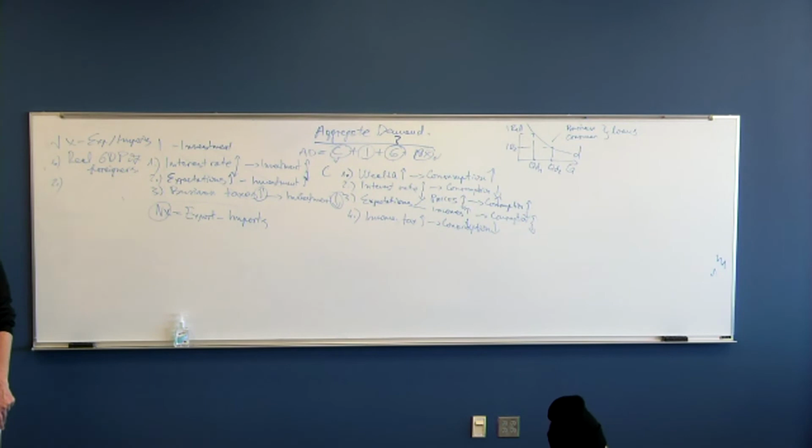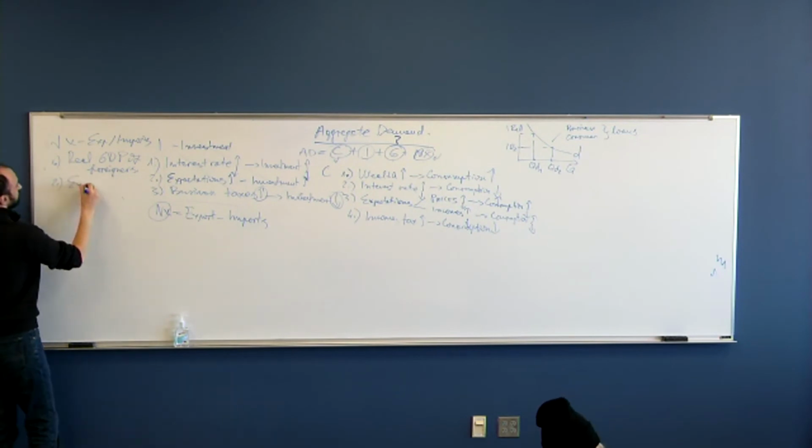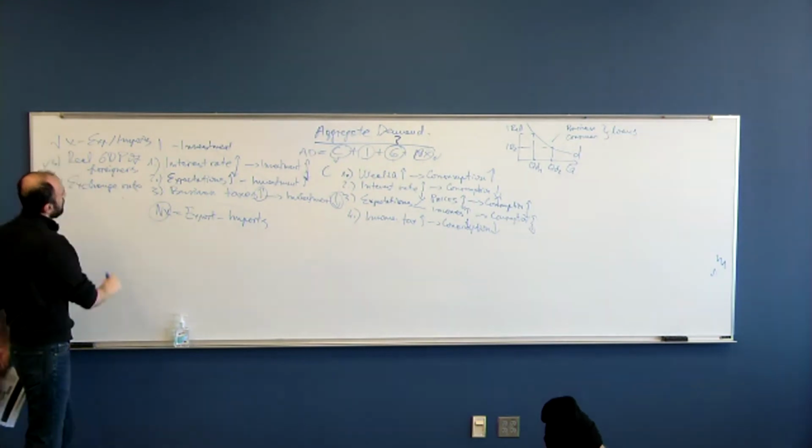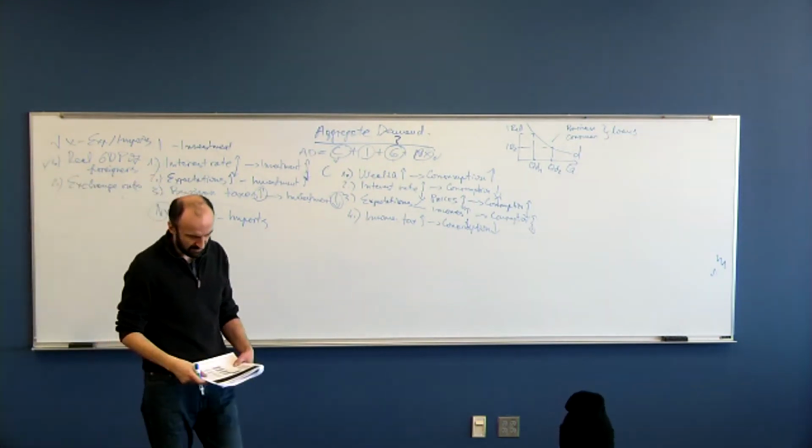And the second one is the exchange rate between domestic currency and foreign currency. So how does the first one affect aggregate demand?